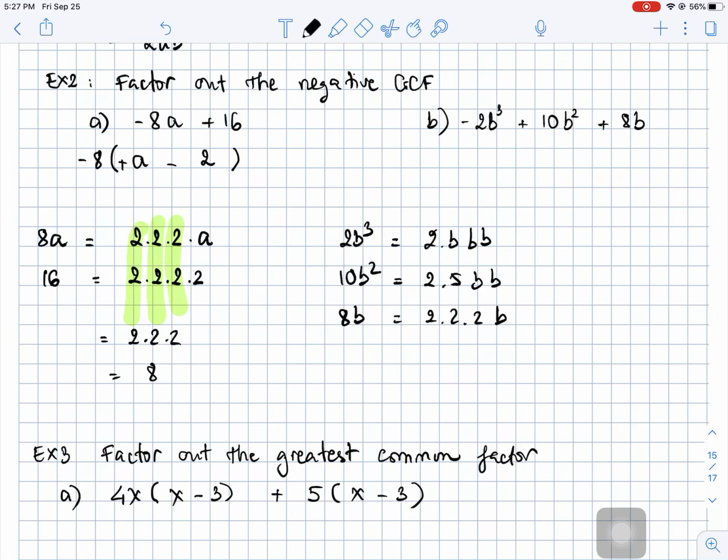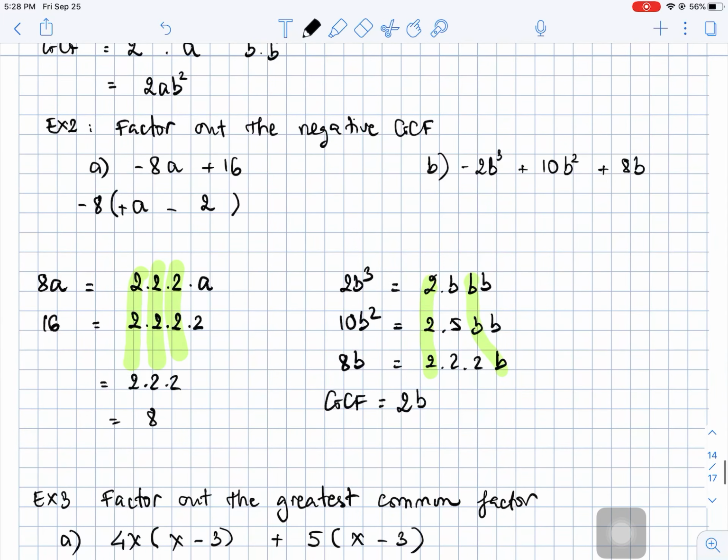So 2 is just 2, and b cubed is bbb. 10b squared means 2 times 5, and then bb. And 8b is 2 times 2 times 2 times b. The greatest common factor: the common number is 2, and the letter b only one time.